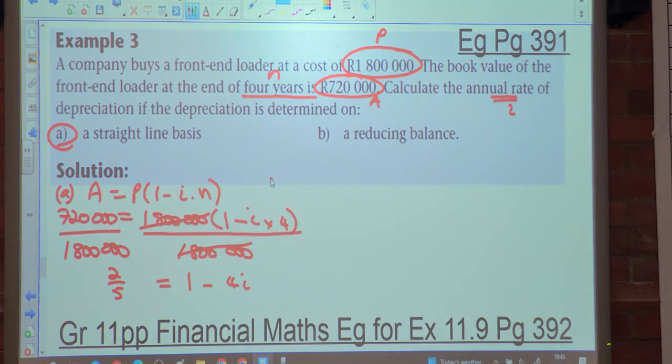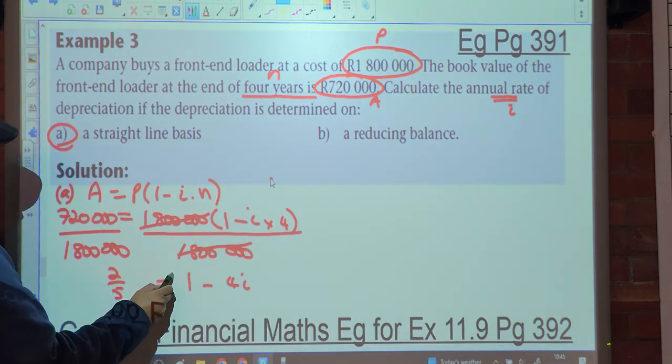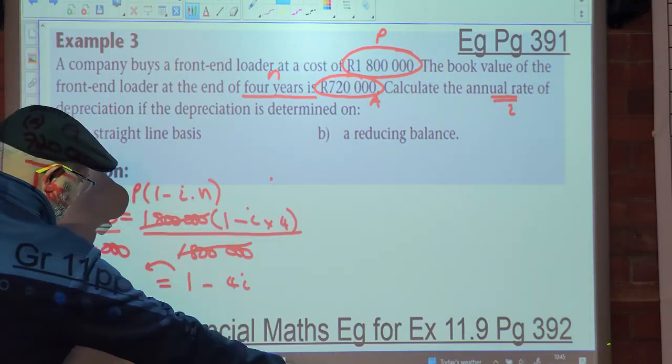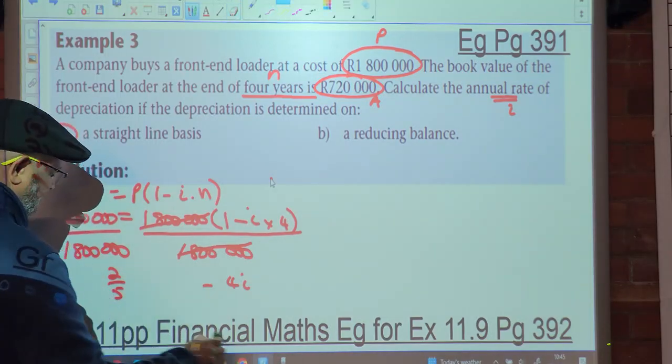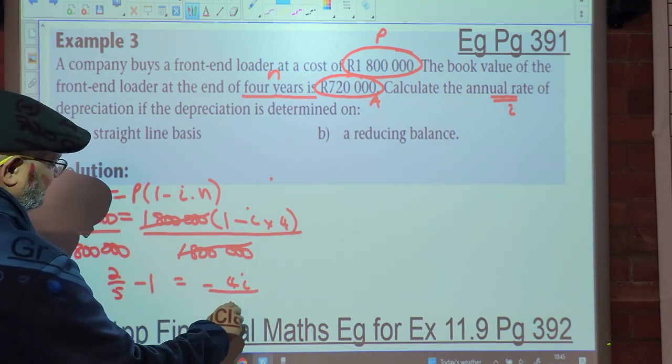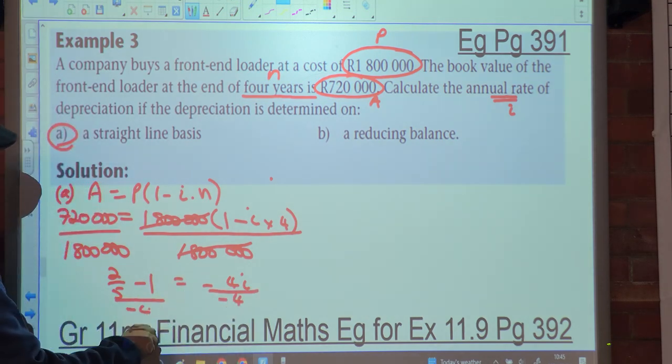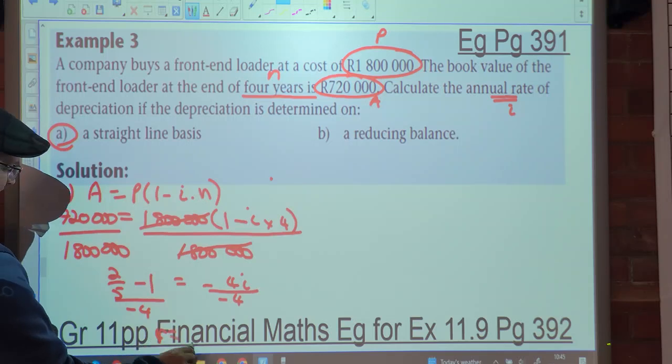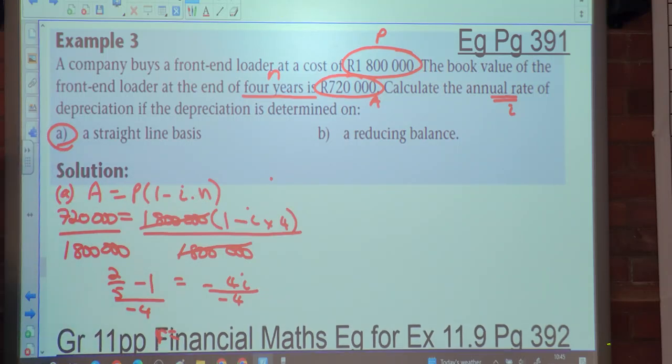Not so. What do we do now? We take the 1 over the equal sign. It becomes minus 1. Not so. And then divide by negative 4 both sides. And then I multiply by 100 to get the rate. All okay with that?